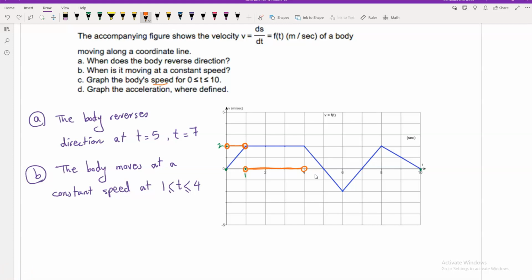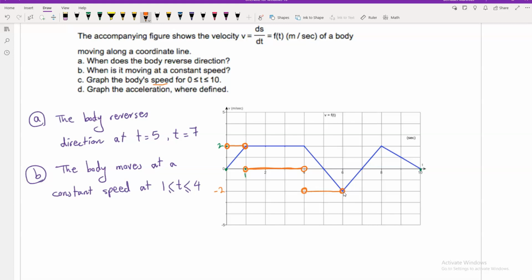In this case, having negative 2, using an open circle on this part. So from this point up to this point, starting t equal to 4 to t equal to 6, we have negative slope. Connect these two.